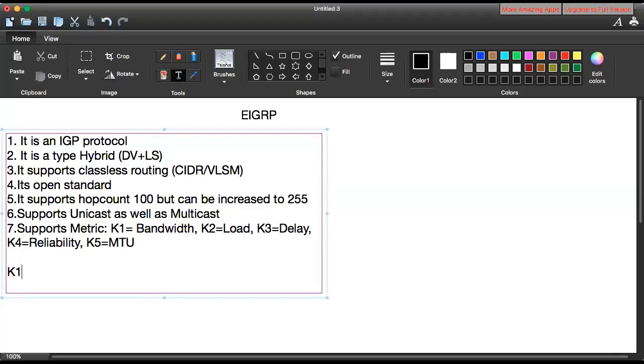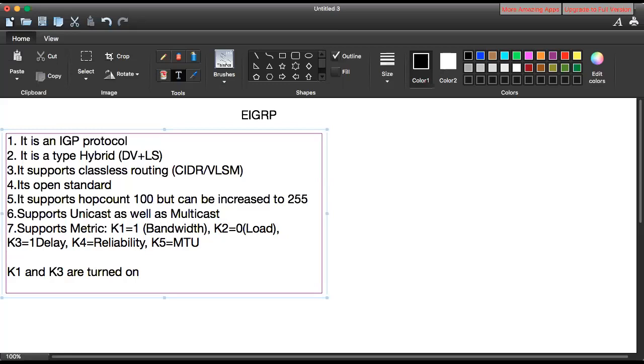Bandwidth and delay. K1 and K3 are turned on. That means the value of K1 is going to be 1, which is bandwidth. The value of K2 is going to be 0. The value of K3 is going to be again 1.